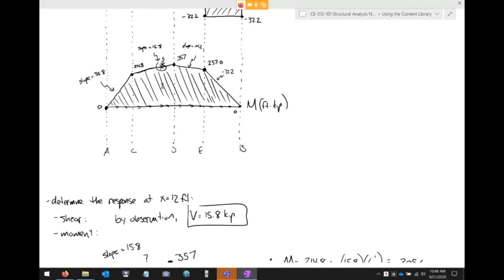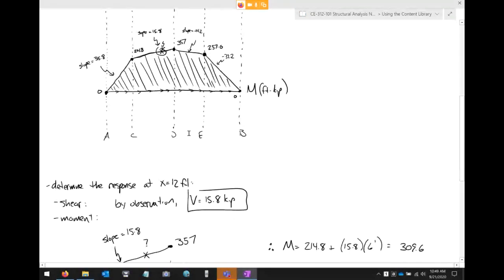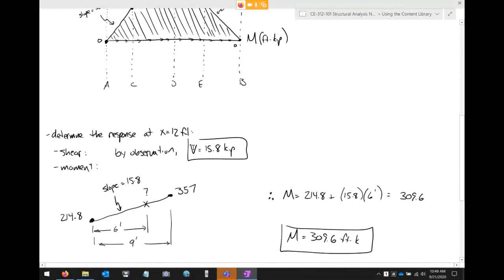At D, the moment is 357. So I know that moment's got to be somewhere between 214.8 and 357. When we did it by hand, we got 309.6. Without doing the linear interpolation, we're probably doing something right, because it's got to be between 214.8 and 357. Just as a spot check to make sure that the graphical approach works, that's what's important. That's the valuable stuff.